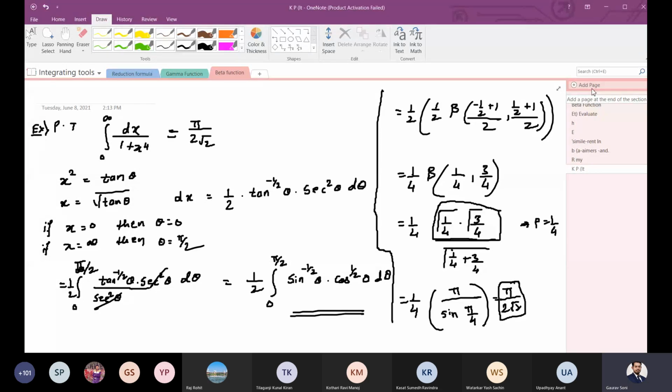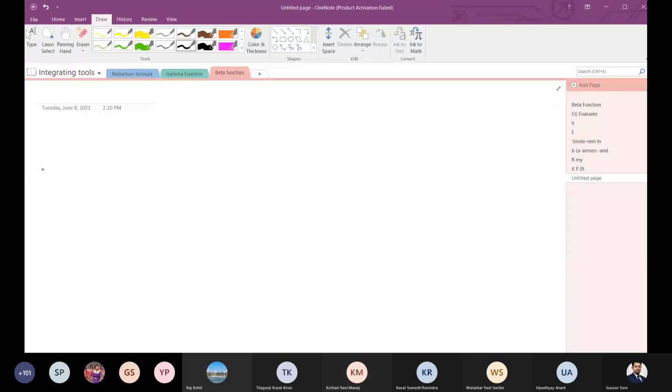One MCQ and that will be the end of this. Show that beta of m comma n is equal to beta of m comma n plus 1 plus beta of m plus 1 comma n.